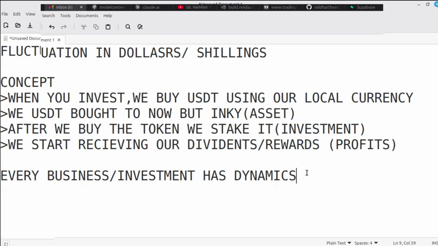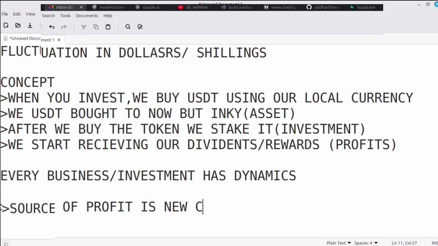Now, one thing that I have to speak about before I speak of the dynamics is that these rewards or dividends, or generally terming them together as the profits, the source of profit, okay? The source of profit is new coins coming into supply.